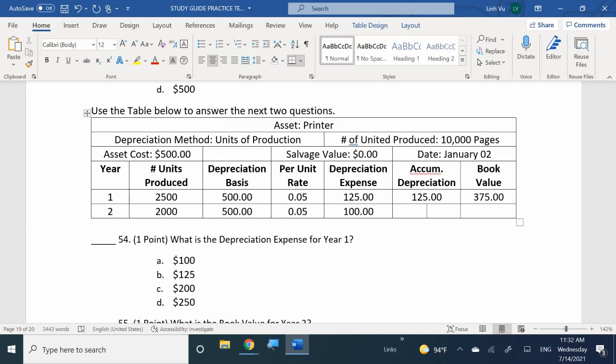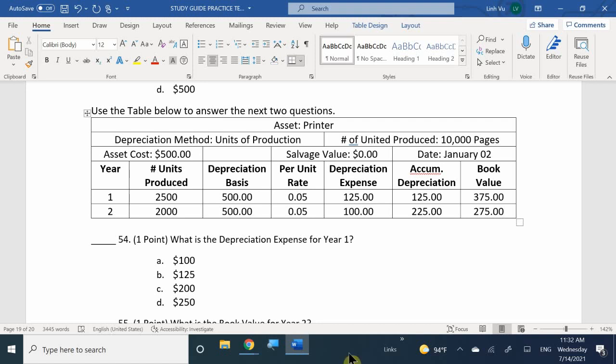So therefore, what's my accumulated depreciation? $225, which then is going to make my book value for year 2 $275. Good.